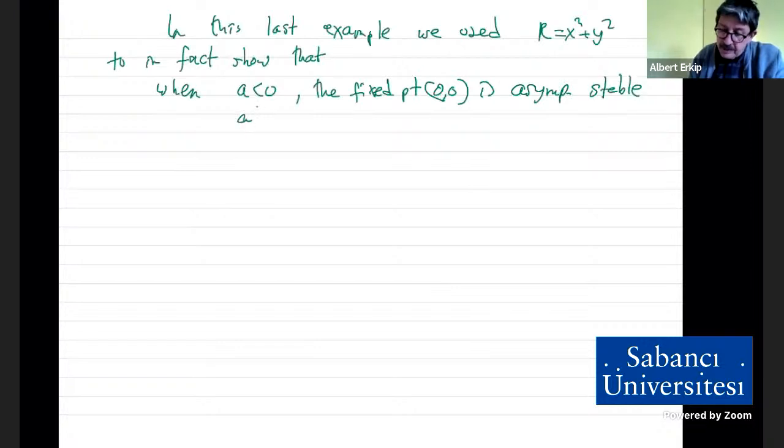And when a is positive, the fixed point is not asymptotically stable. We use this fact to prove that.